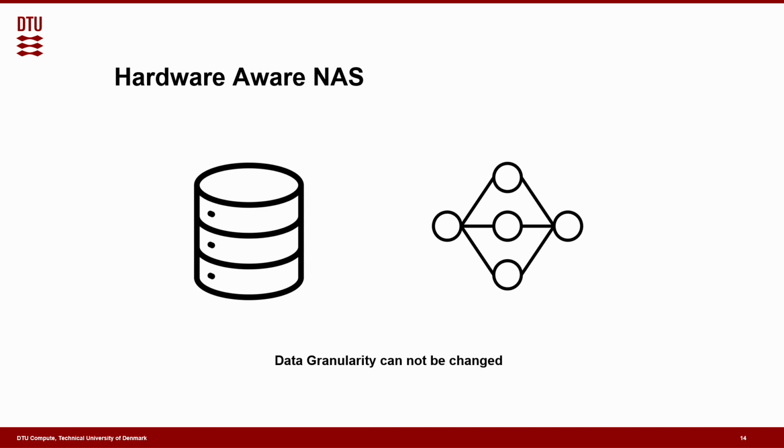So here we're not really considering the data granularity. So this data box is a constant. It can't be changed. So we have a set amount of resources that we have for our model, and we're going to have to do the best we can given those resources.